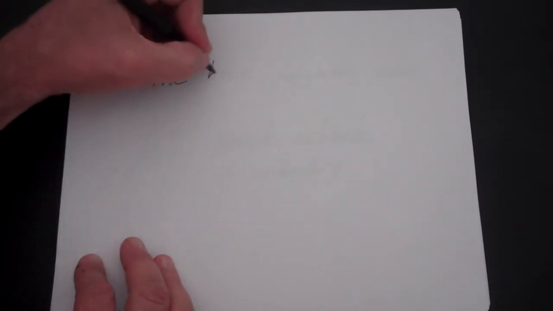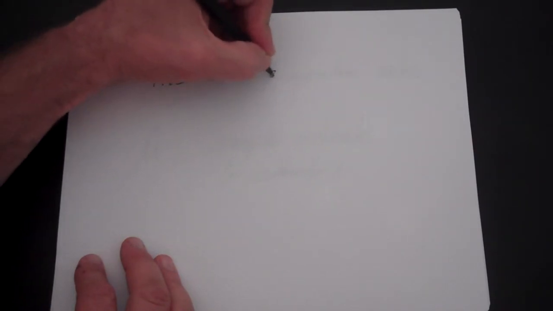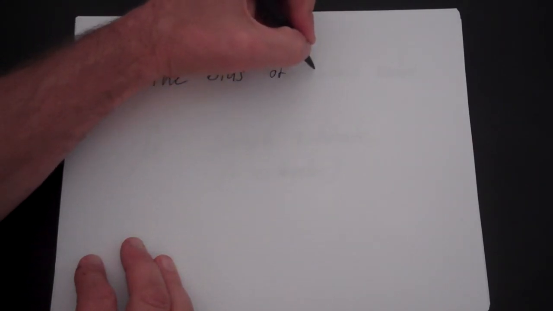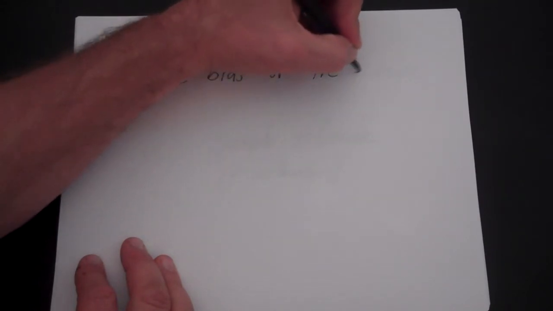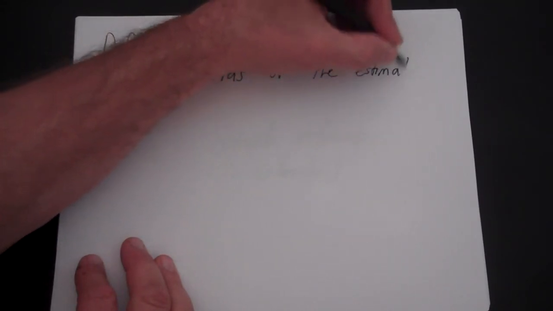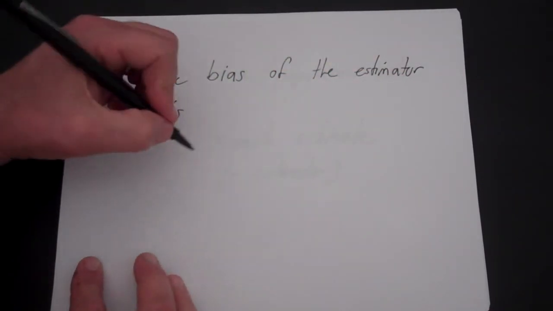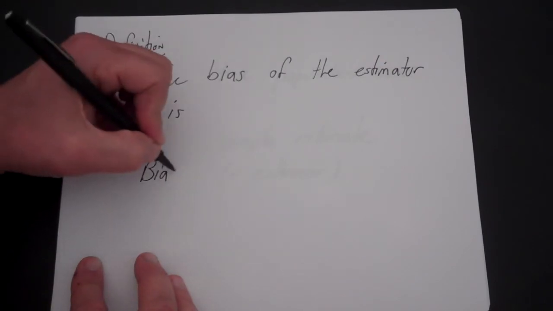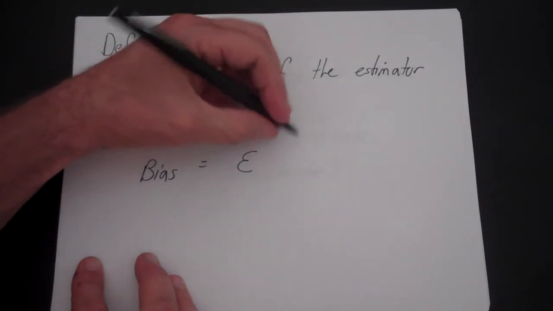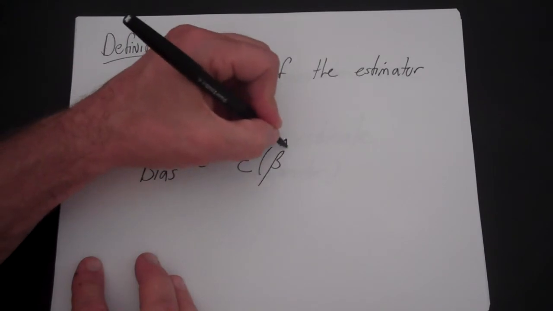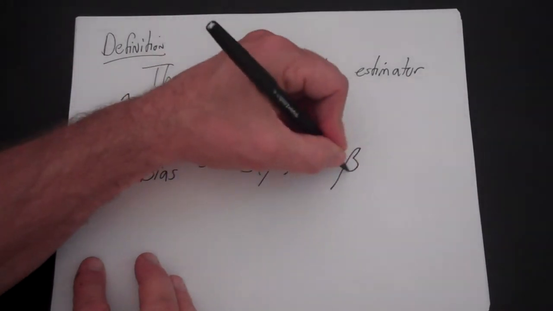So let's talk about the definition of bias. We say the bias of the estimator beta hat is the difference between the expected value of beta hat and beta.